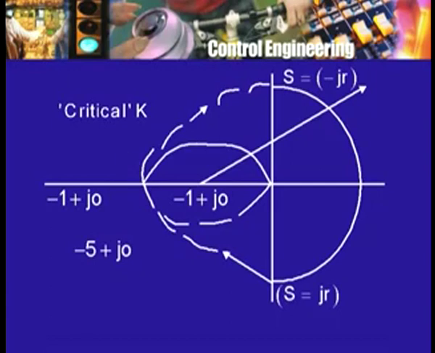Now, this requires some calculation. How does one do it? If my KGH at j omega corresponds to this point, then what can I say? I can say that the phase shift is 180 degrees. So, I have to look for that frequency omega at which the phase shift of KGH will be 180 degrees.